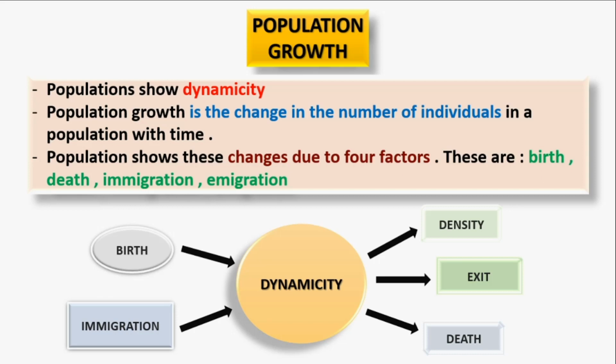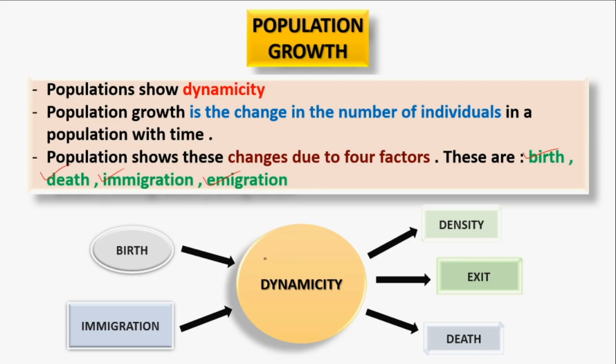As we have learned in our previous ecology class, populations always show dynamicity and do not remain constant, because birth, death, immigration and emigration play a role in that dynamicity. I am trying my best to give an explanatory diagram.